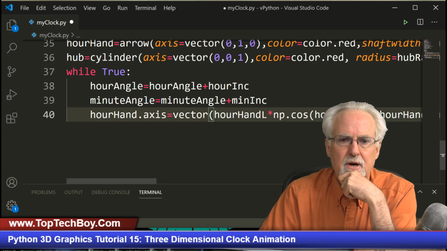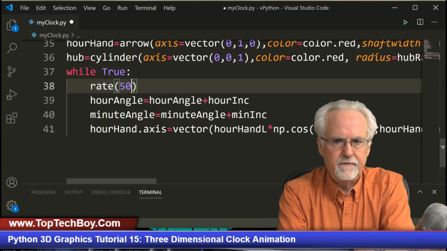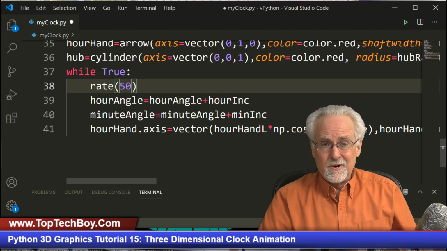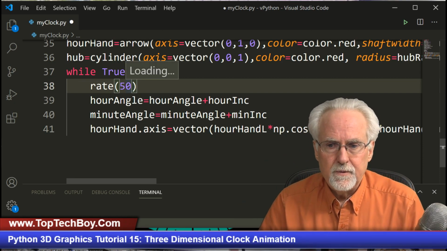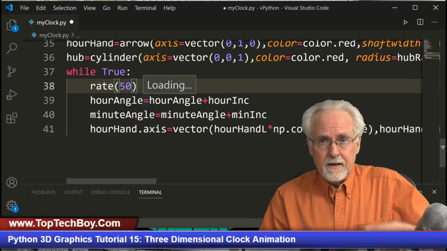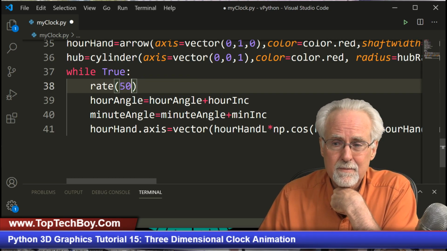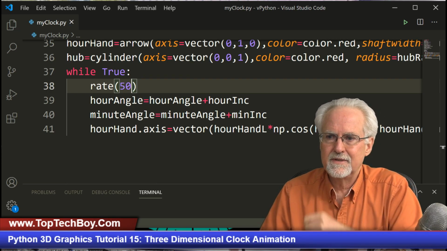Okay, so I increment the hour angle, and then I let it run. Let's go ahead and give it a rate here of 50. This is kind of crazy, so I have no idea if I've really thought through this enough, but I'm just incrementing the hour angle, and I have an ugly feeling this thing's going to run backwards, but let's just see what happens.